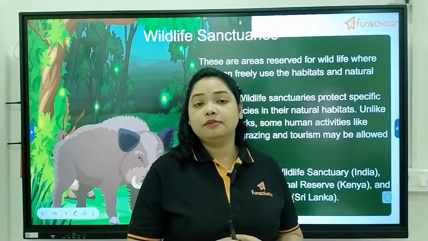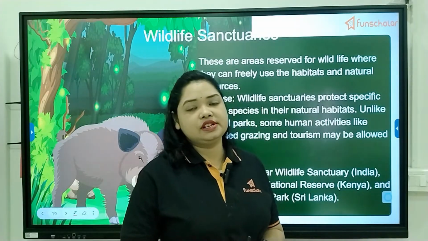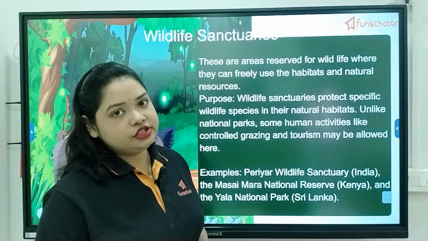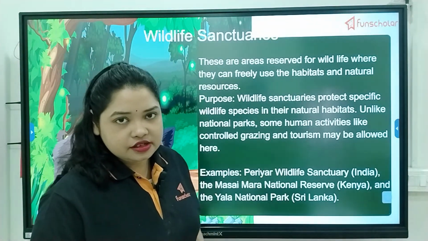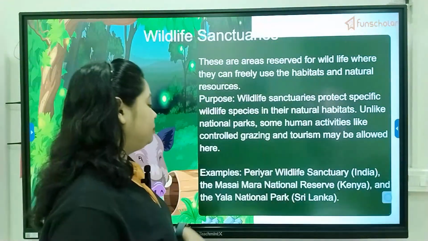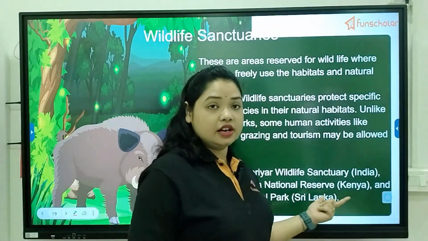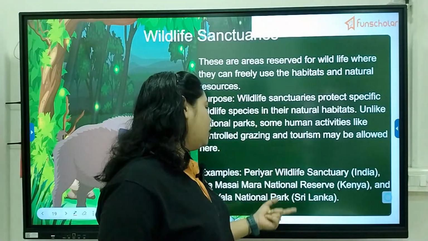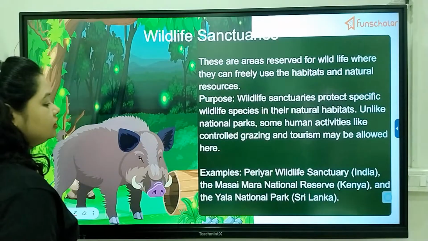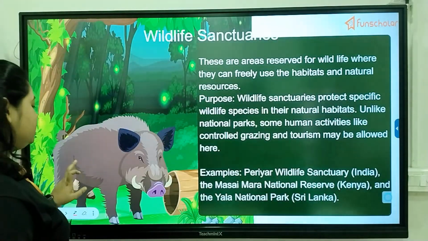As I said, the endemic species can definitely be present, but the focus mainly lies on a particular species or two who face the extreme danger of extinction. For example, in India, we have Periyar Wildlife Sanctuary in Kerala, where elephants are protected, and there are other wildlife sanctuaries in different countries.